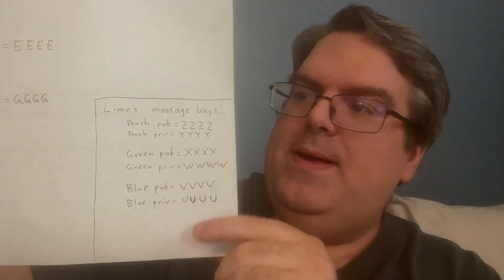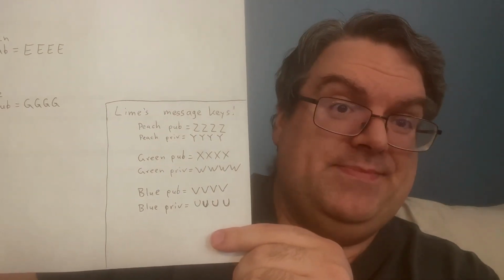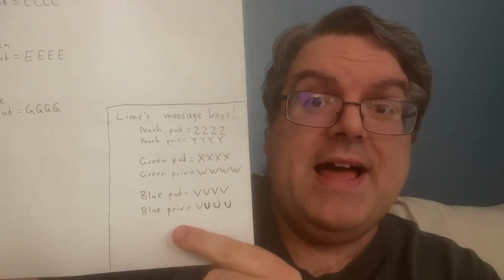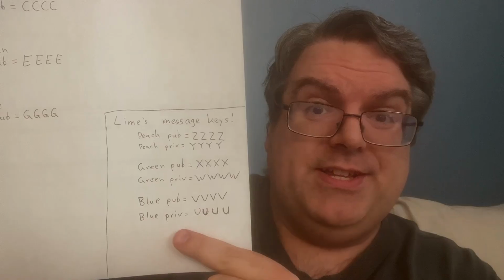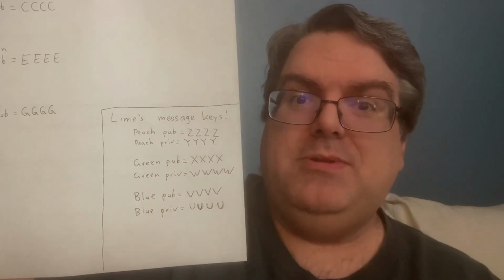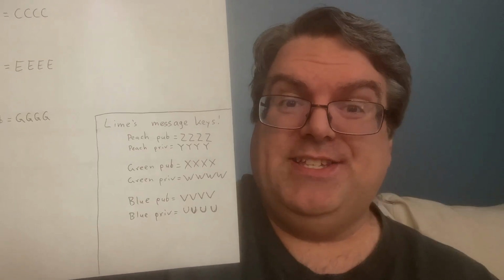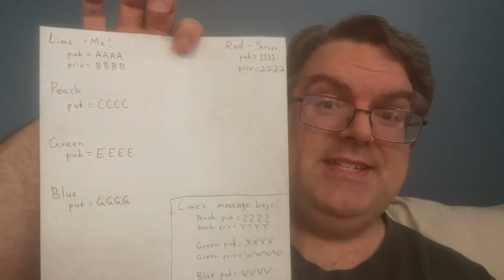But then Lime, myself, has also created a bunch of message keys. And I've created all of these keys, so I know what the private portion is, and I know what the public portion is. That's going to be important in just a minute. So I've got some of these keys here, and we'll see this sheet again as we go.